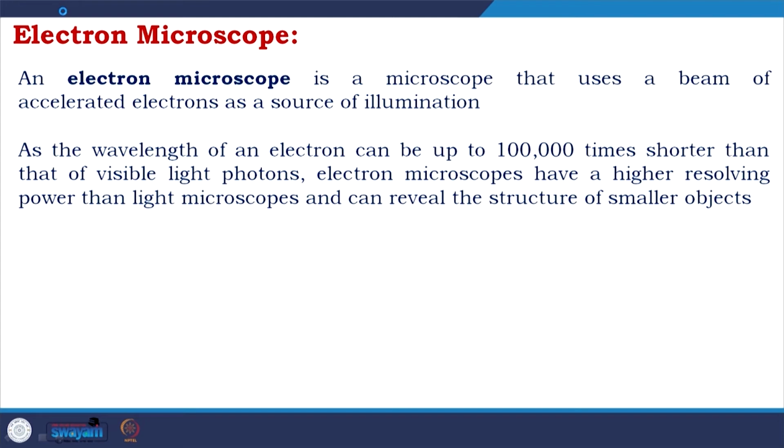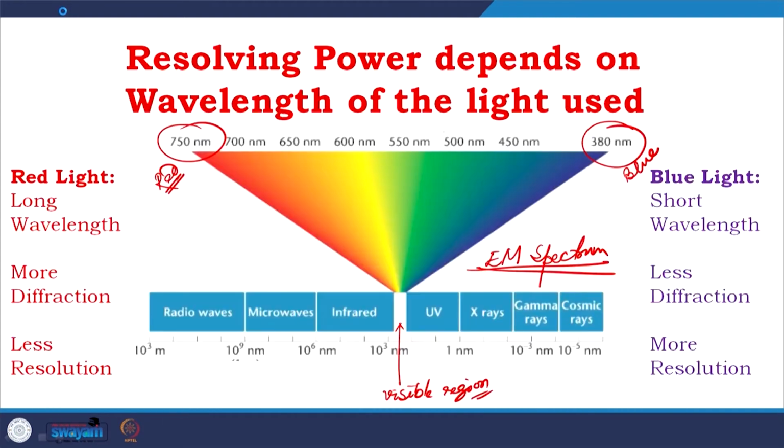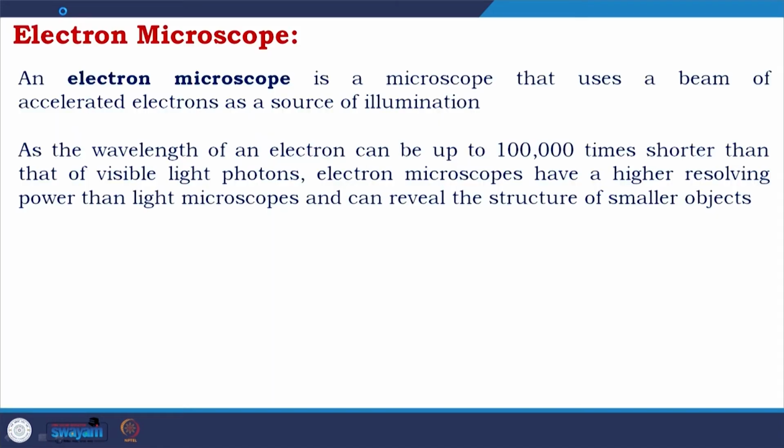As the wavelength of an electron can be up to 100,000 times shorter than that of visible light photons, electron microscopes have a higher resolving power than light microscopes and can reveal the structure of smaller objects. So, we talked about the lambda. If you go back here, long wavelength and less resolution.